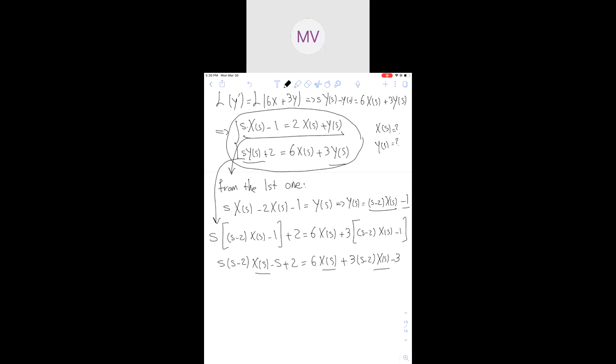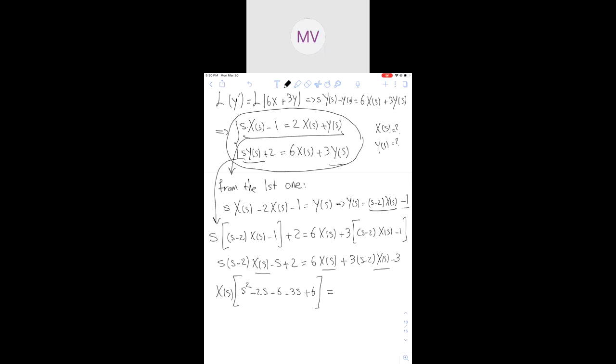Okay, so let's combine these three terms, factor x of s, and then solve for it. So let me bring these two terms to the other side. So I get x of s, let's factor. So we get s squared minus 2s, right? If I bring 6 to the other side, it becomes negative 6, and that becomes negative 3s plus 6. Agree?